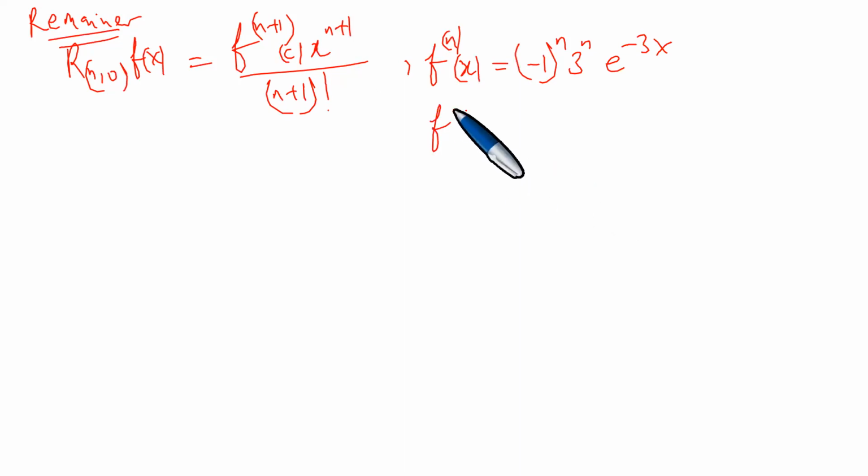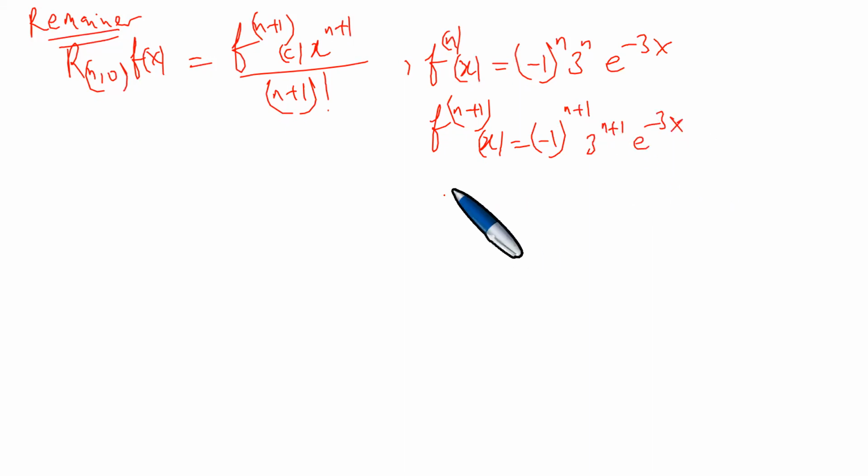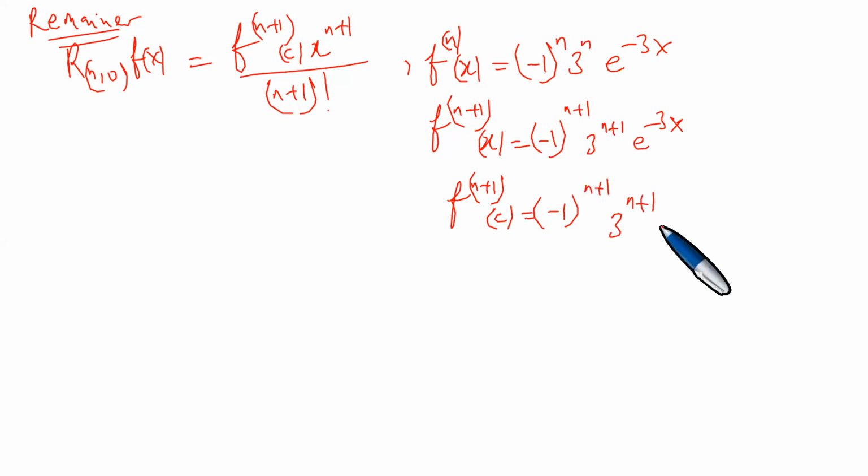So now you have the (n plus 1)th. Well, this one to the minus 3c. Okay, wherever there is an x, we put c. So we come to this one.